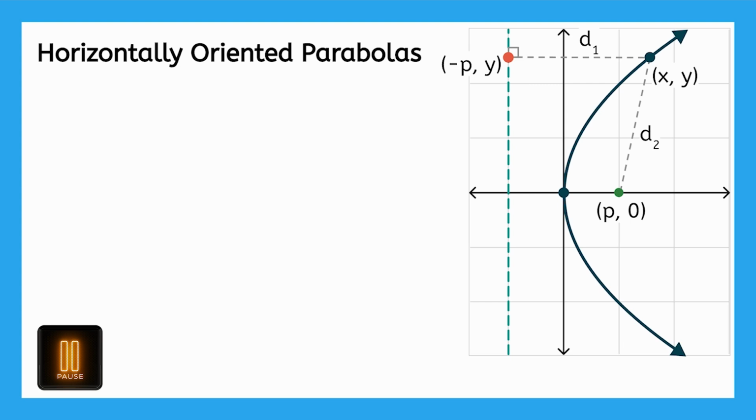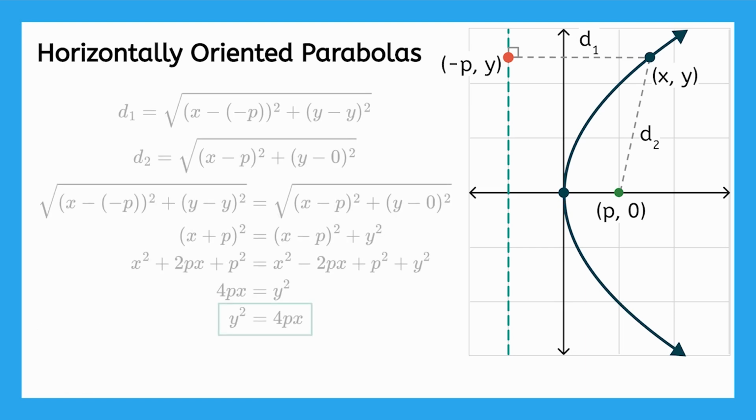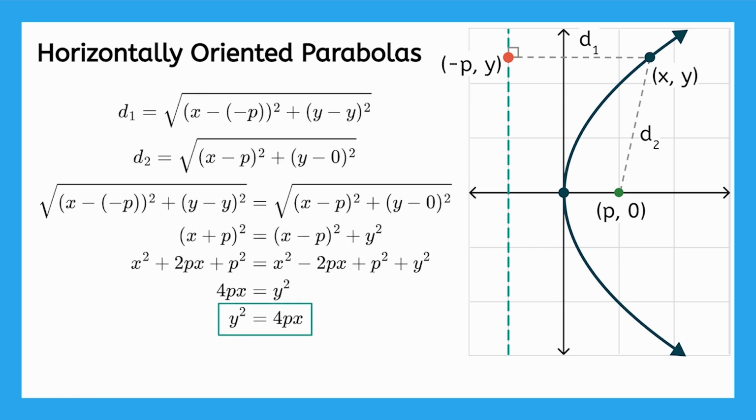Here's a hint. Start with the distance formula. Great work! You should have used the distance formula and simplified, similar to earlier, and found the equation y squared equals 4px. If you got stuck, pause here to review the steps in detail.